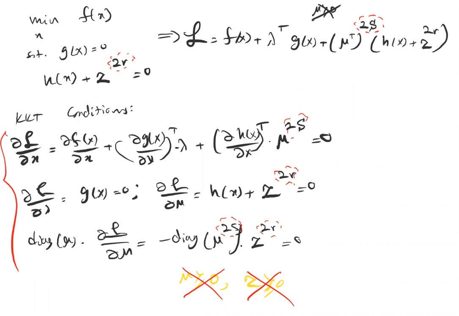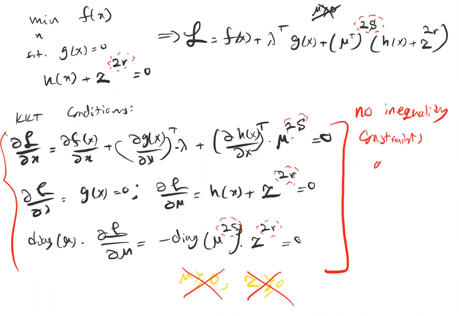So now we don't have any inequality constraints anymore. What we can do next is to simply apply Newton-Raphson.